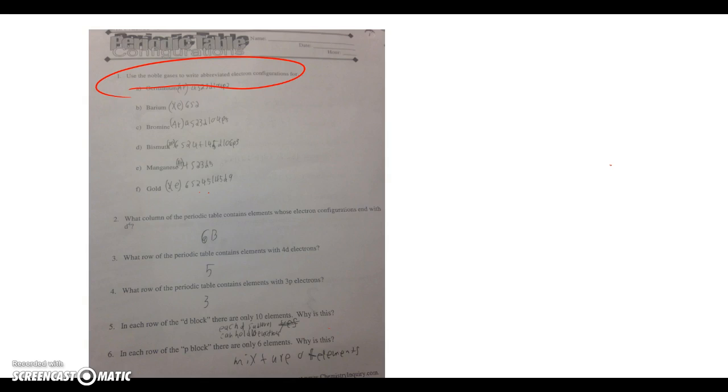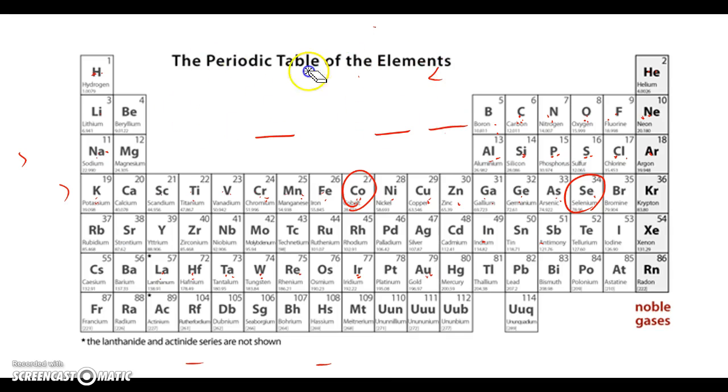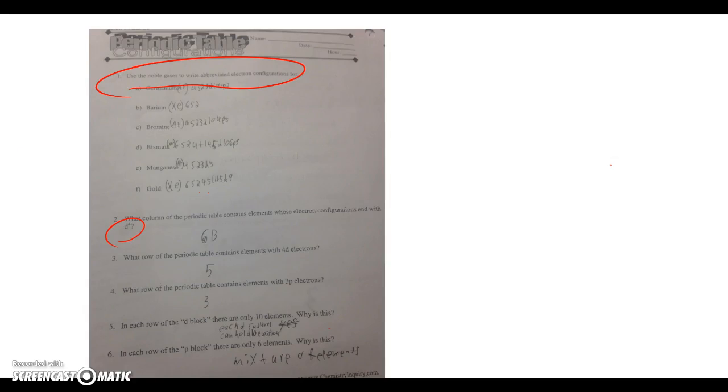Let's look at this. What column of the periodic table contains elements whose electron configurations end with 4d? Let's come back here. So 4d, 1, 2, 3, 4d is right here. Okay, that's the column whose electron configuration ends with 4d.